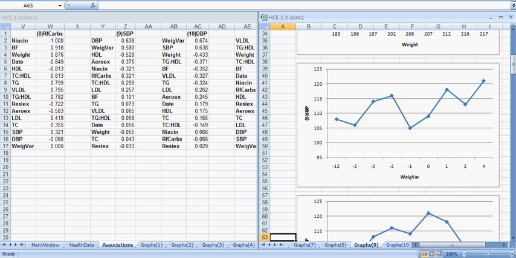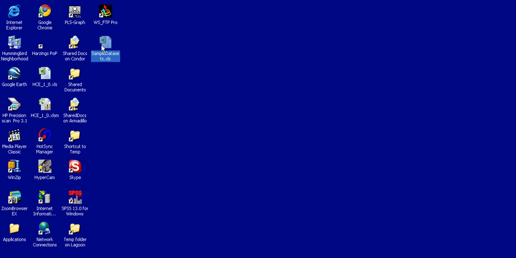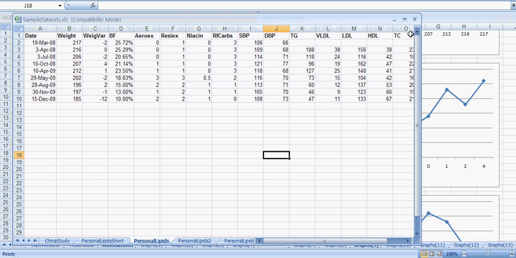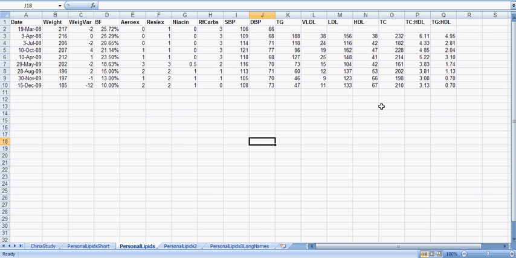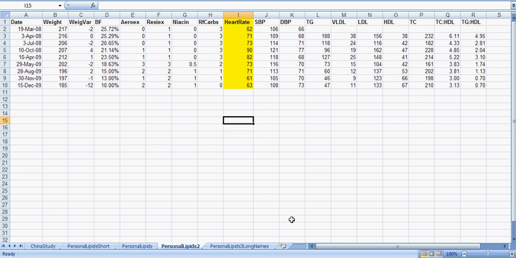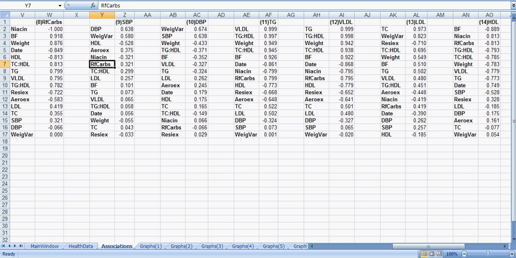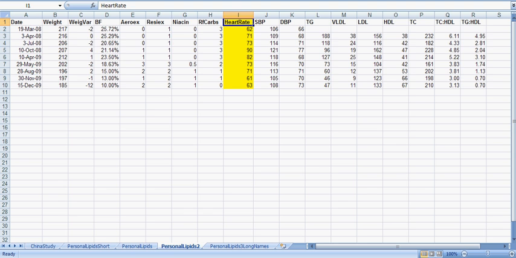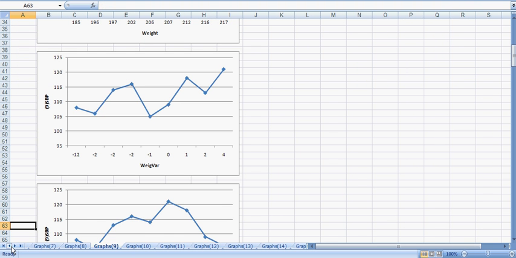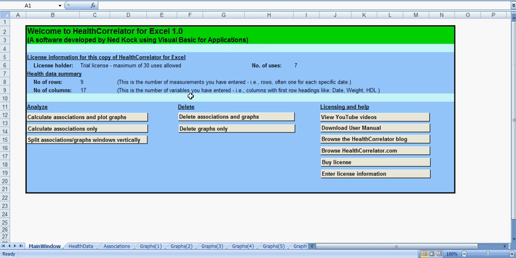Well, let me open a sample data set that I have and that I will use for this analysis. And the sample data set has something that was forgotten before in measurements, which is heart rate. So what I will do is I will go to HealthCorrelator for Excel, and I will go to the main window.